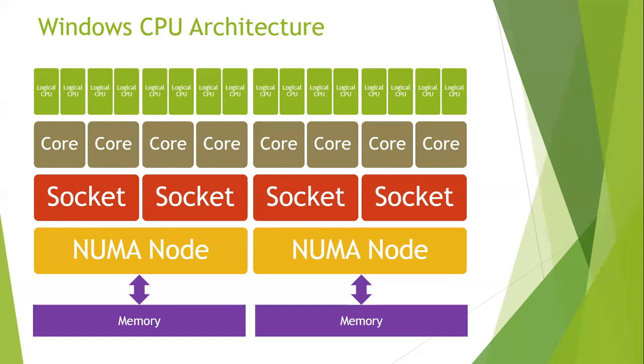A CPU core is a physical core of your CPU. So one socket can have one or multiple CPU cores, and each core can have one or more logical CPUs or logical processors.